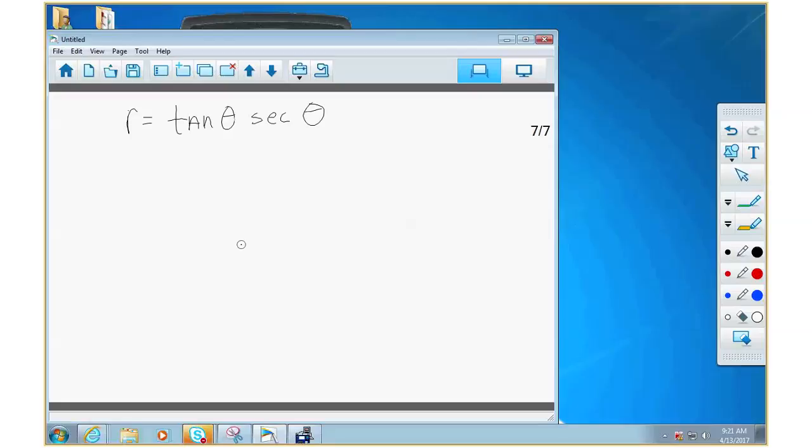Change that into a rectangular equation. Now this one might be a little bit challenging. You will use reciprocal identities. Y'all pretty much gonna suck at this, right?